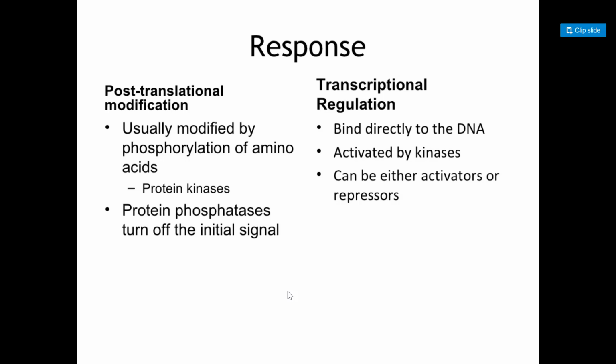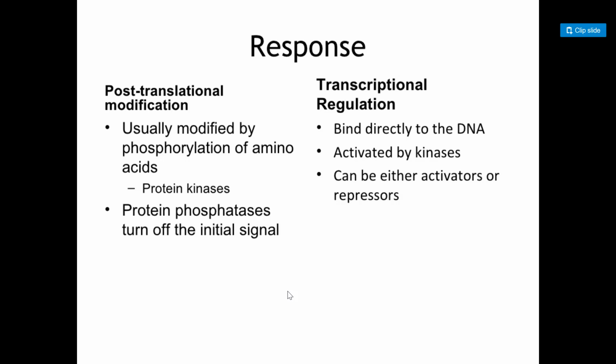Y'all remember this? So if a cell is going to respond to some signal, what does it need to do? How does the cell change what it does? It needs to make some new proteins that it hasn't made before.